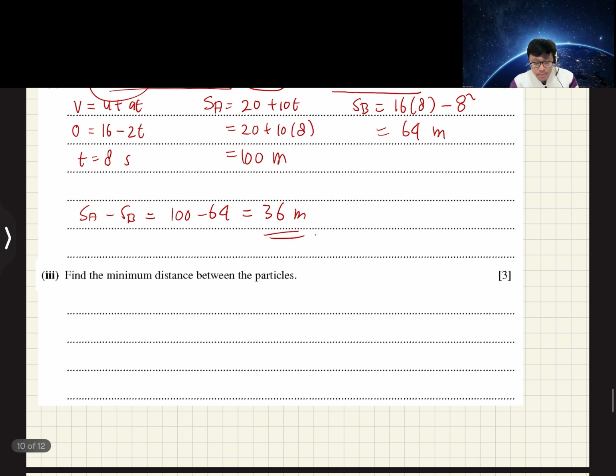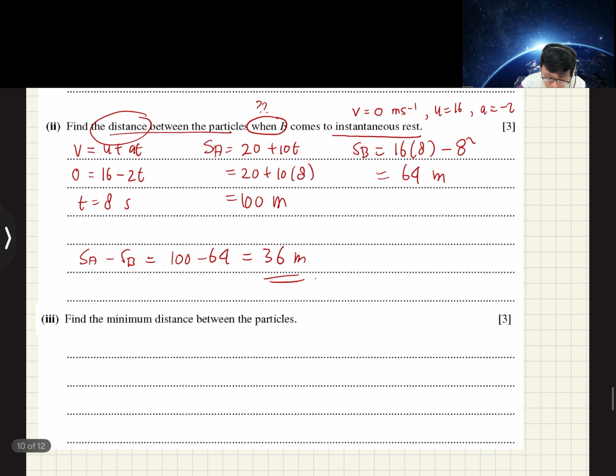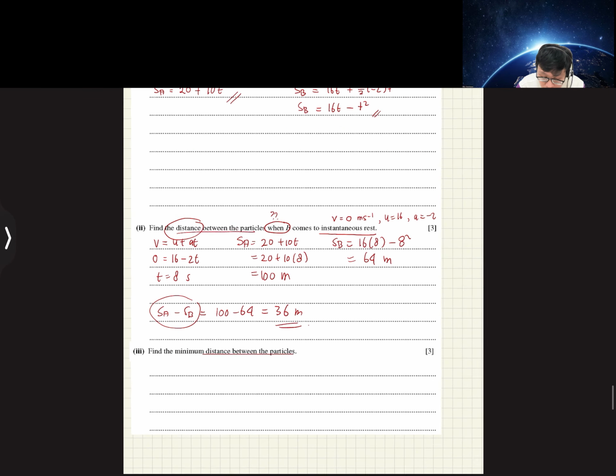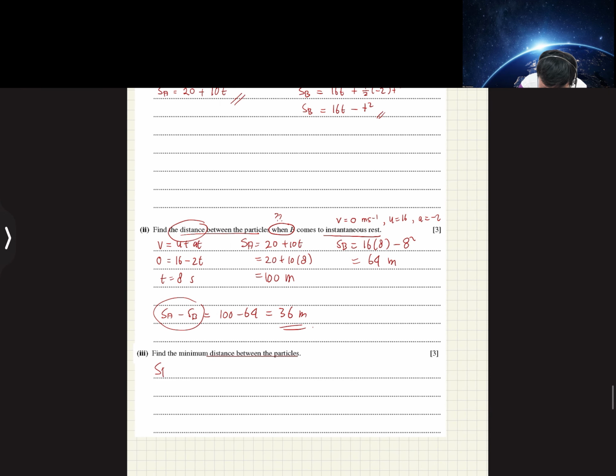And how do we find the minimum distance between the particles? We already see that the distance is SA minus SB. Let's call it S, equals 20 plus 10t minus 16t plus t squared.